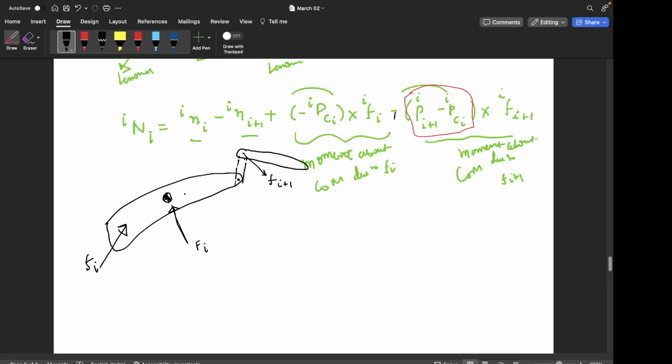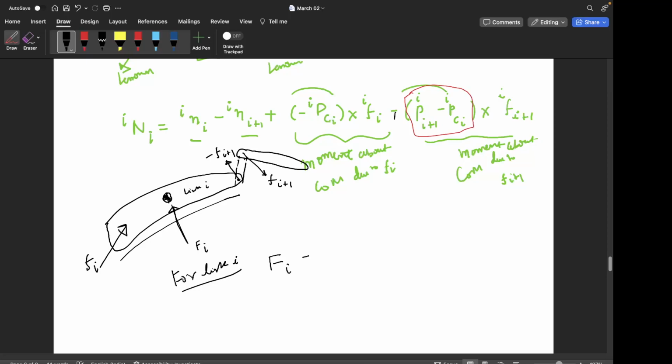But now, since we are analyzing link I here, we need the force on link I. So force on link I will be, by Newton's third law, equal and opposite of that, right? So this vector is minus Fi plus 1, right? So now for link I, there are three forces acting, and the net force should be equal to the force acting on the center of mass, right?